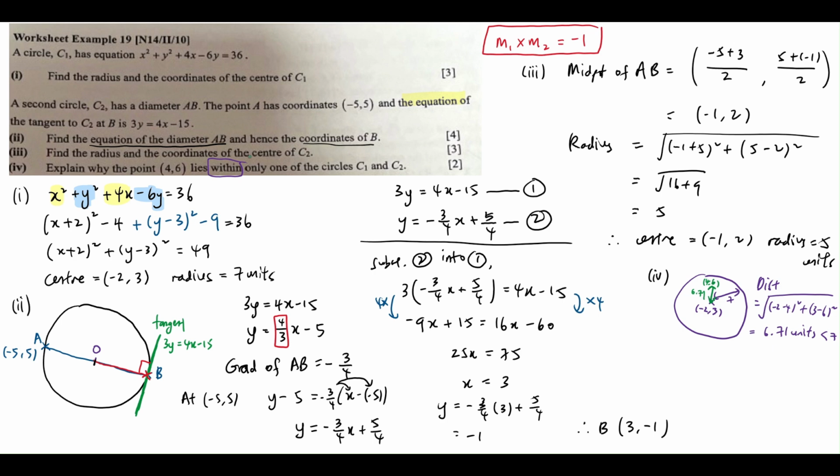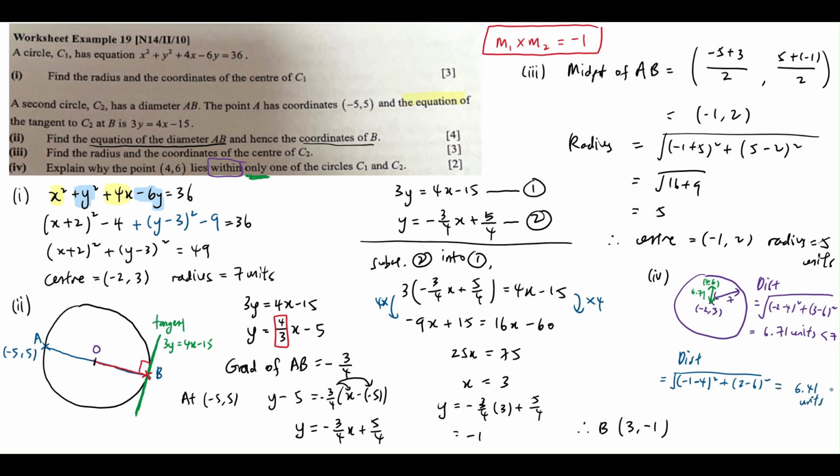And because the question says only one of the circles, I anticipate that when I check the distance between the center of C2 and (4, 6), it will not be inside the circle. So let's check. So distance for here, it would be the square of negative 4 minus 1 plus the square of 2 minus 6. That gives me a distance of 6.41 units.